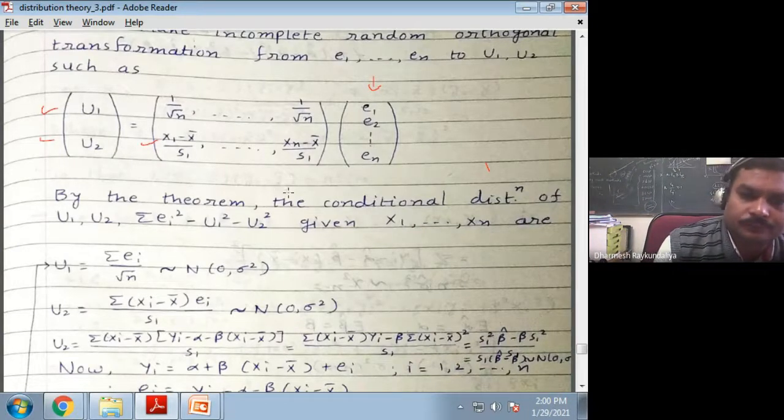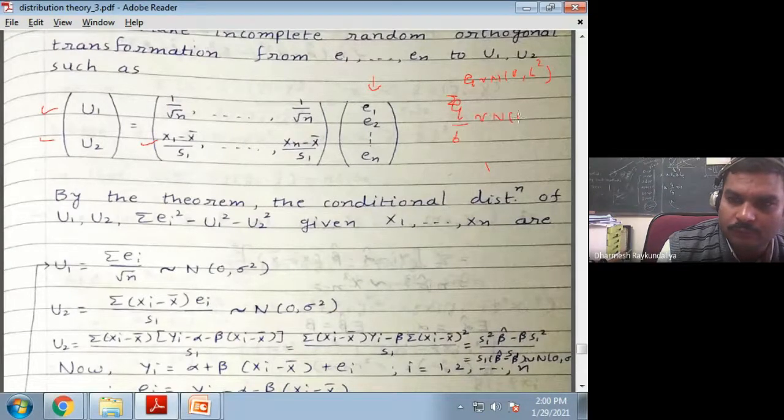Of course, we know that, because ei has normal 0 sigma square, ei upon sigma has normal 0 1, and therefore ei square upon sigma square has chi square with 1. And how many such observations?